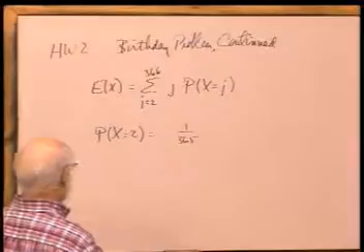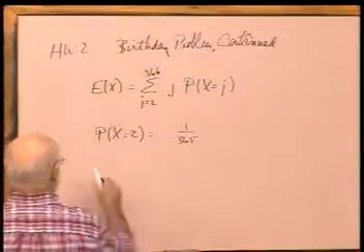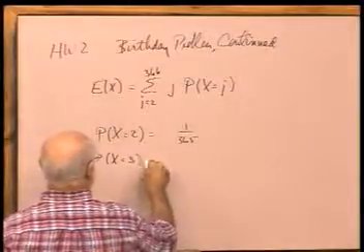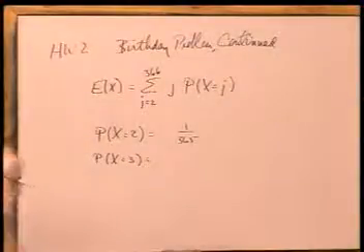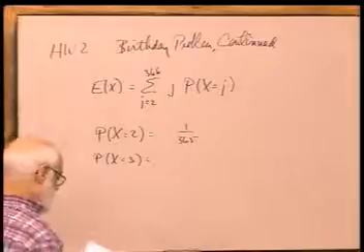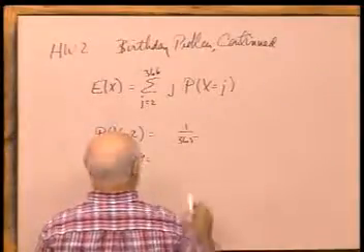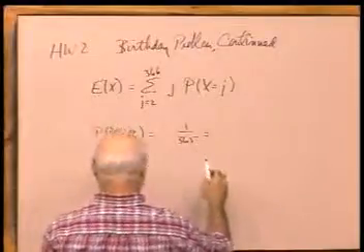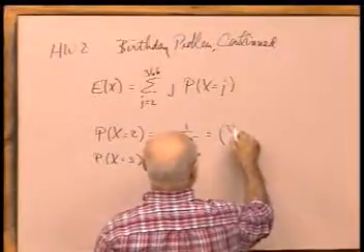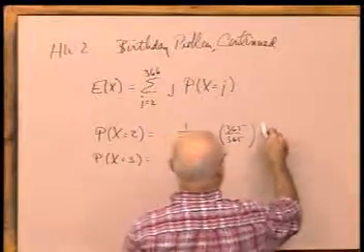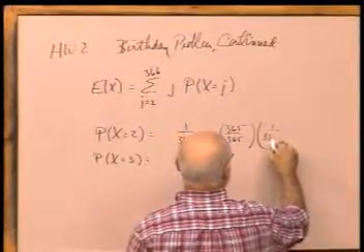Okay, what about 3? So here is the probability that x equals 3. In other words, that the first match occurs on the third person. So let me write it like this. For reasons that are going to become obvious shortly, I'm going to rewrite this as 365 over 365 times 1 over 365.